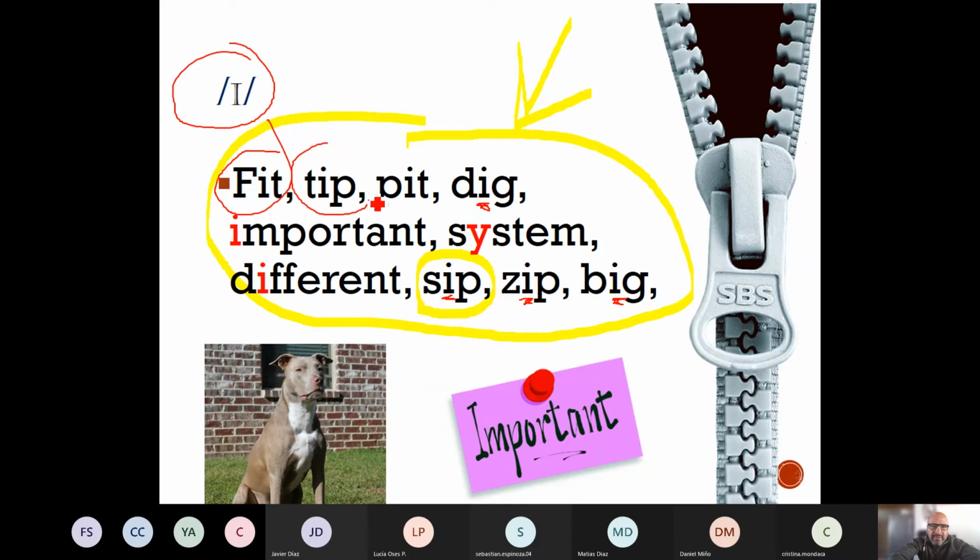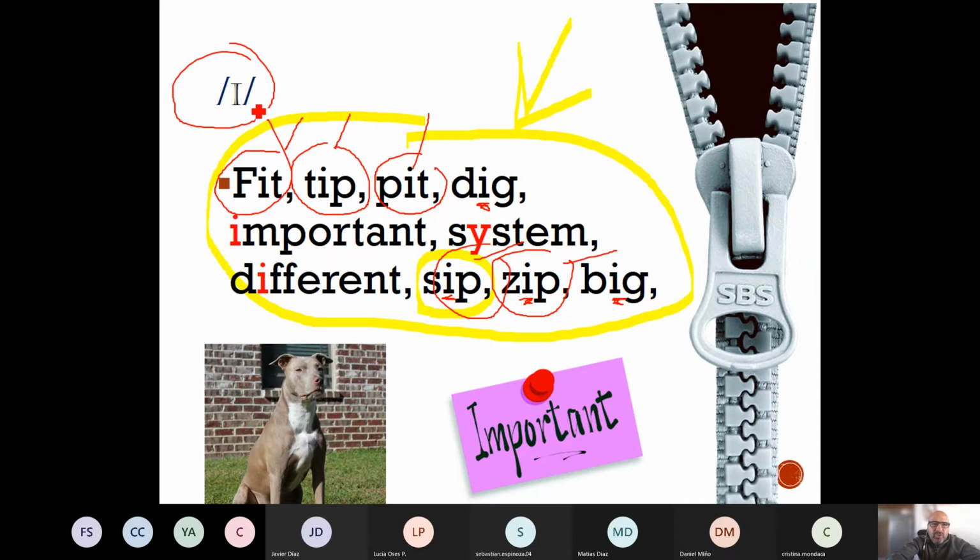This one, that one, fit, this one, tip, and this one, please. Sería fit, tip, zip. Yes, you got them. Fit, tip, pit, sip, and zip, right?